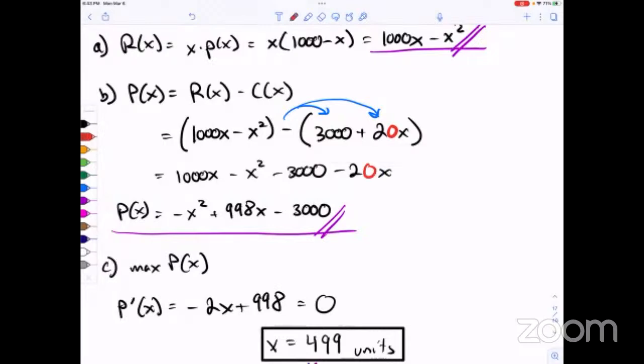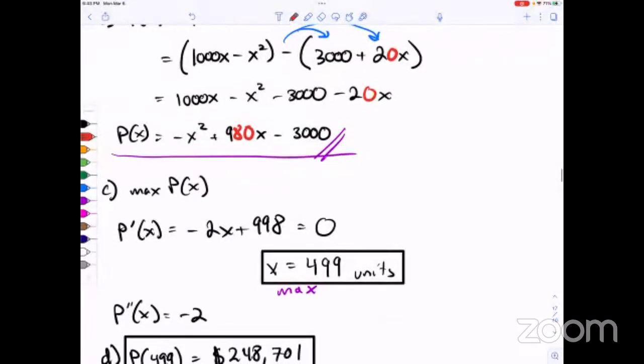So then 1,000 minus 20 is what? 980. So this changes to 980. Again, this changes to 980. Yep. Maximize the profit. We took the derivative. The 2 comes down plus the 980.